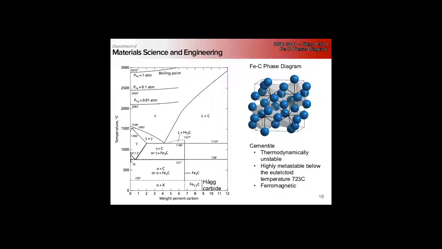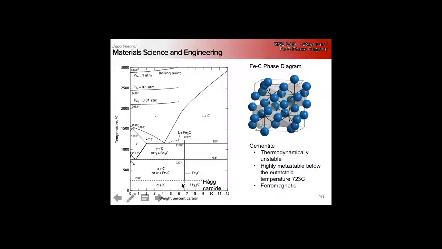So then we've got cementite, right? So here's our picture of it, and it is again thermodynamically unstable, but very highly metastable. And cementite is also ferromagnetic, right? So this is the primary carbide that we're going to be talking about, right?